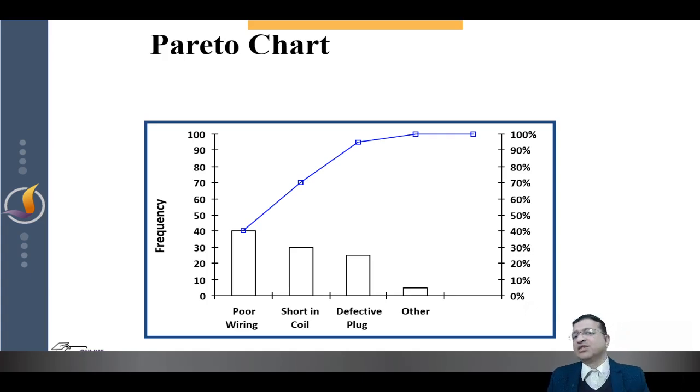So if you identify those reasons which are accountable for most of the problem, it would be easy to understand, and you can also know in parallel that if you have sorted out two issues, how much out of the total you have solved. So this Pareto chart will help you in solving those kinds of problems.